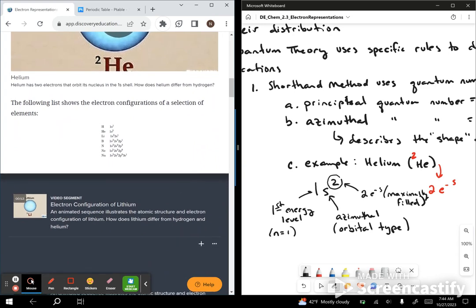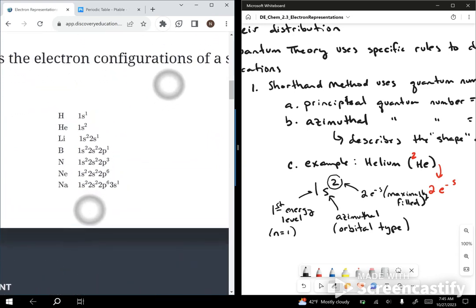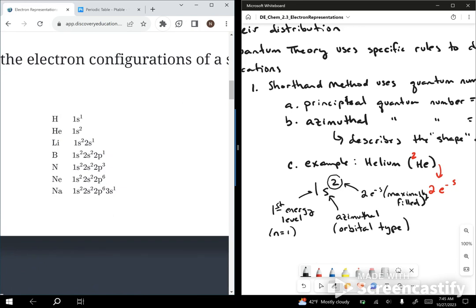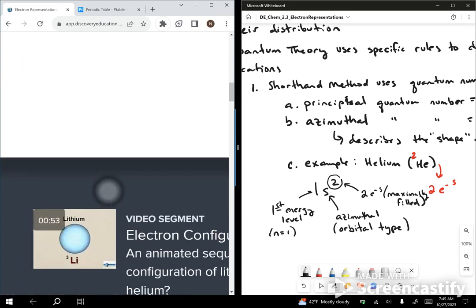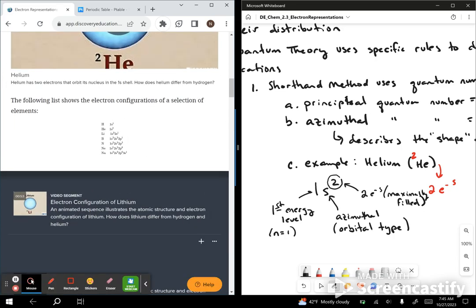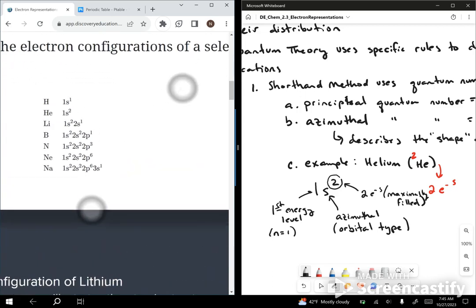Okay, good. So if you take a look over here, it gives you a list of hydrogen, helium, lithium. We got to figure out how to keep that pinned. Clear screen. And let's go back over here.